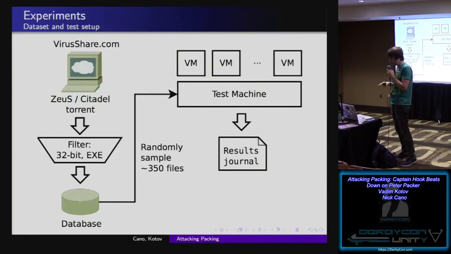So we put everything into a database, and then for each experiment we sample 350 files randomly from that dataset and submit them to our test virtual machines. The number 350 has no scientific rationale.